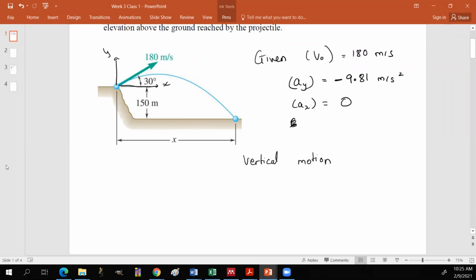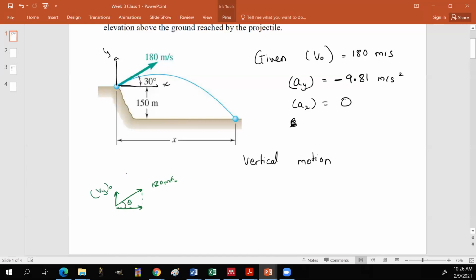For the vertical motion, we have our 180 meters per second at angle theta. So you have a component in the x and a component in the y, so you'll have v y naught.